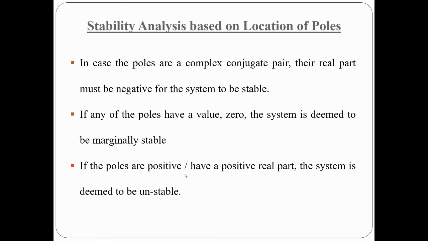If the real parts of the poles that we find are positive, we can say that the system is unstable, because the positive parts find their location on the right hand side of the S plane, which is an unstable region.